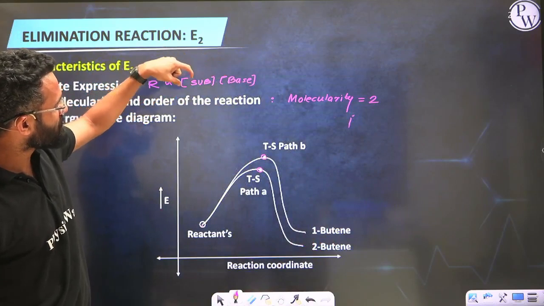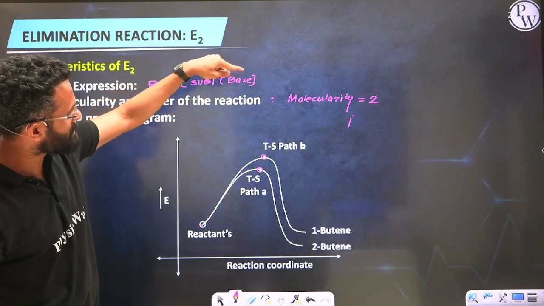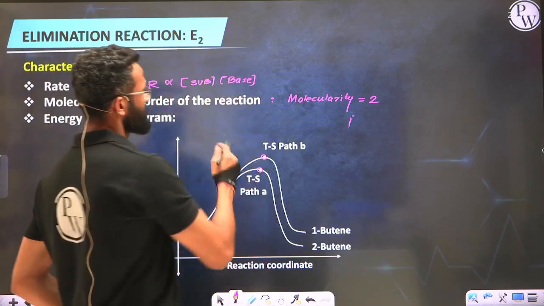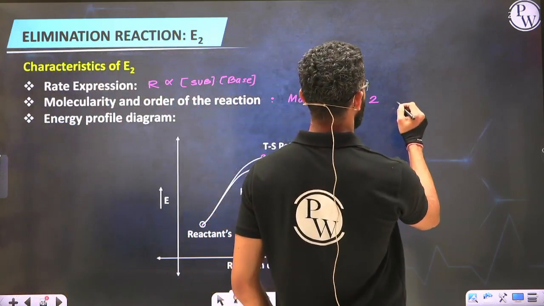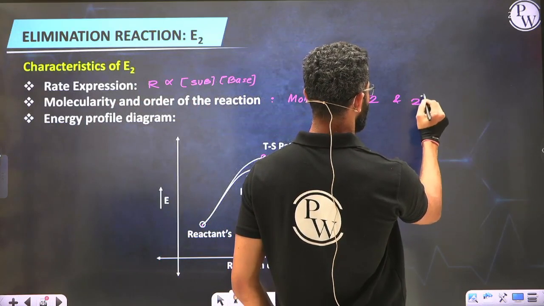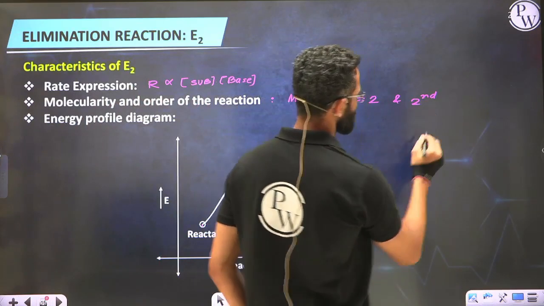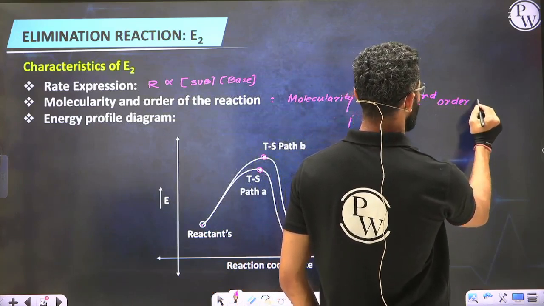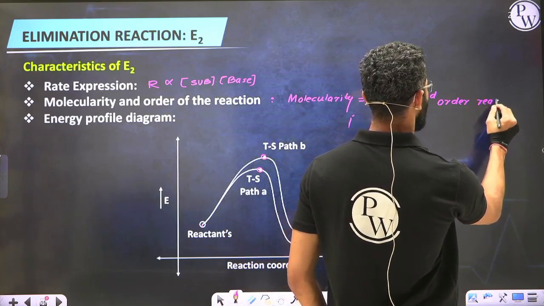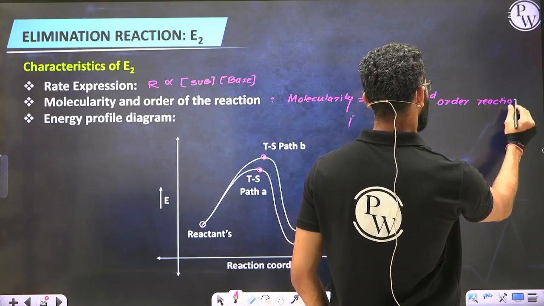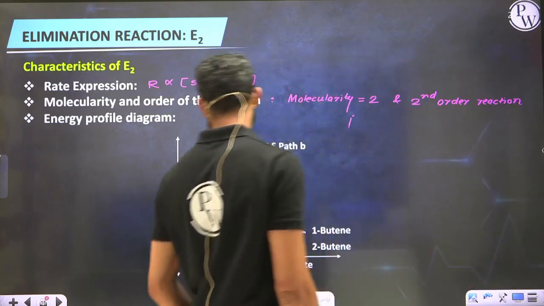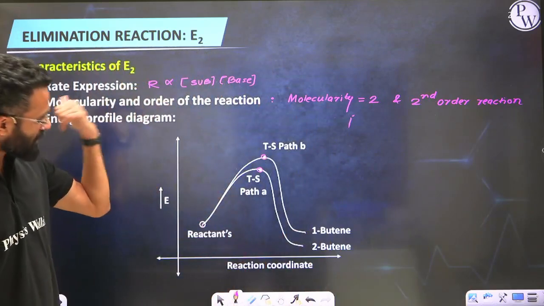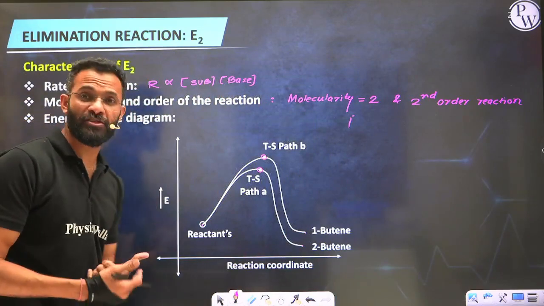Meaning with respect to substrate it is first order, with respect to base it is first order, but overall it is a second order reaction. All right, guys. So that is the rate expression. This is molecularity and order of reaction. This is the energy profile diagram.